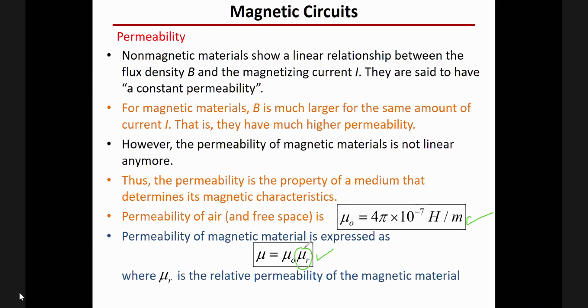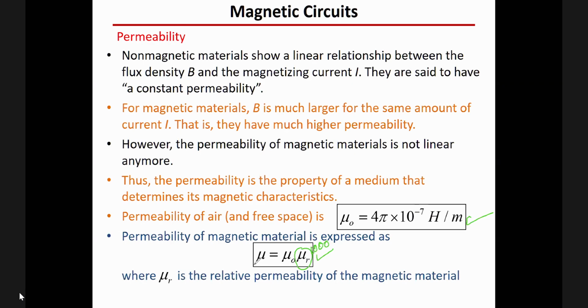For any material, if it is air, mu r is equal to 1. If it is another material, iron for example, you get a number like 1000, which is mu r. So mu r for the iron is 1000.